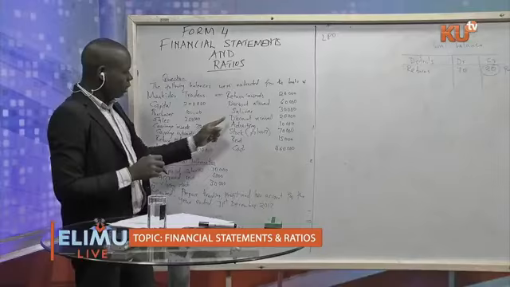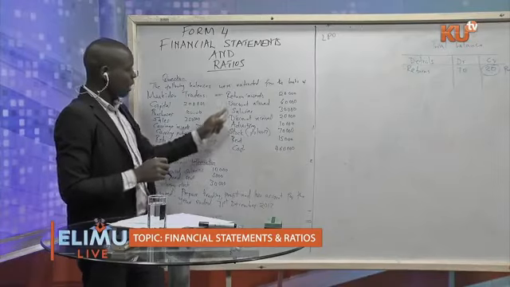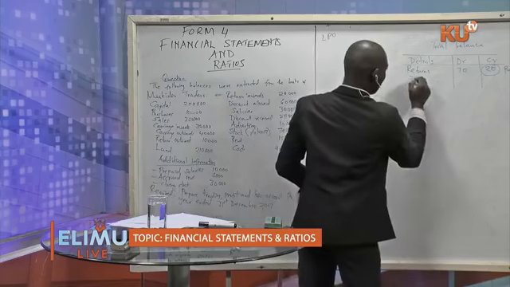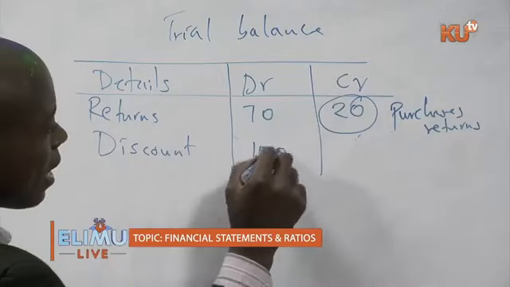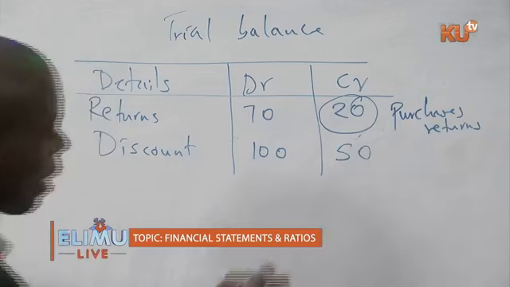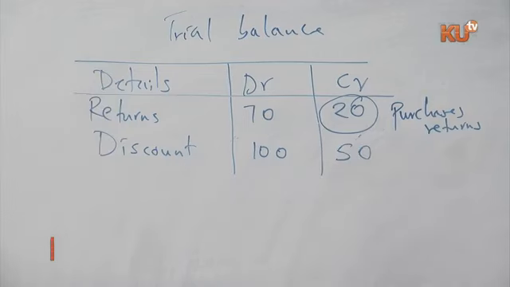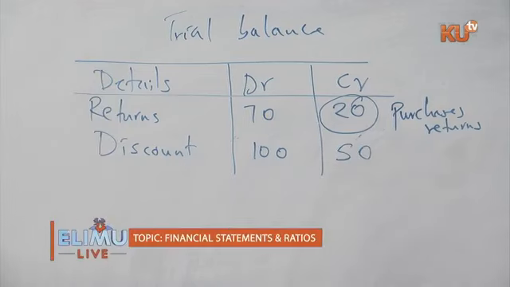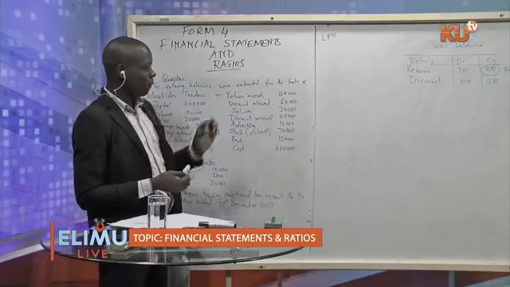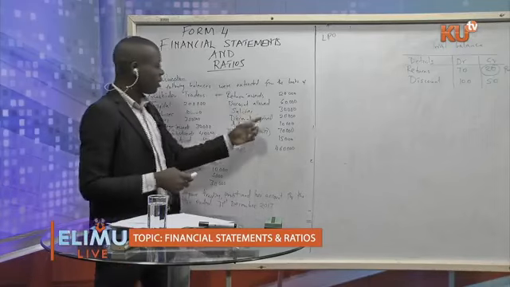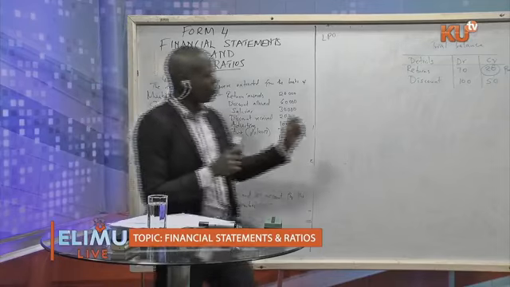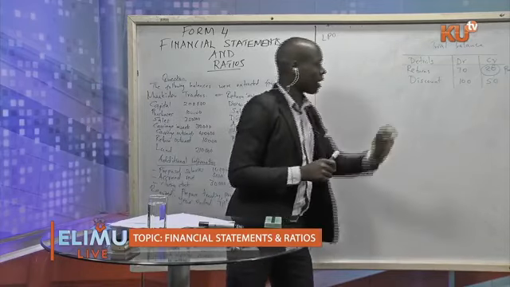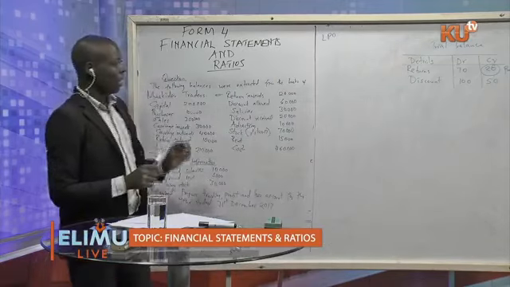Number two, you also need to identify discounts. We could write discount, and indicate here 100 and here 50. Then you'll have to ask yourself, which discount are we talking about? We have two discounts, discount allowed and discount received. How do you distinguish between the two to identify which one is on the DR and which one is on the CR? It's very simple.